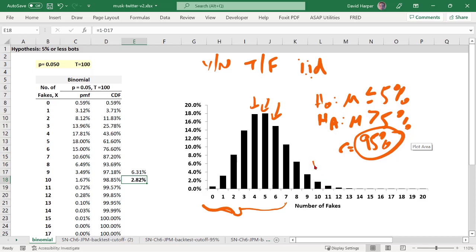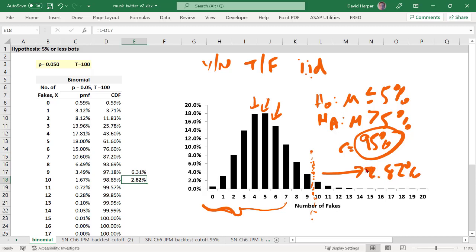What I am going to do is draw the cutoff here at 10, just to show you that if we observe the probability of 9 or fewer fakes or bots among 100 is 97.18%, then the probability of 10 or more is the area in this tail, which is 2.82%.